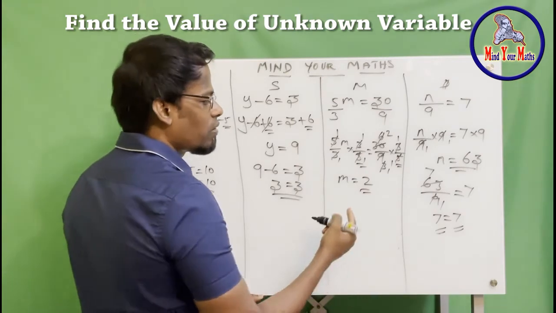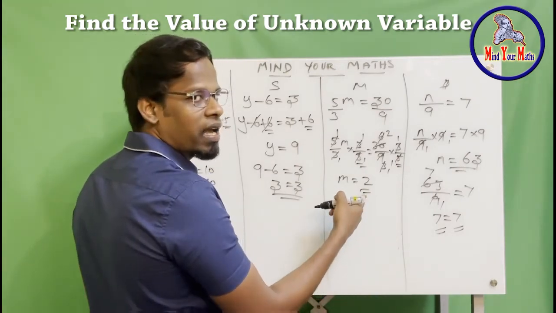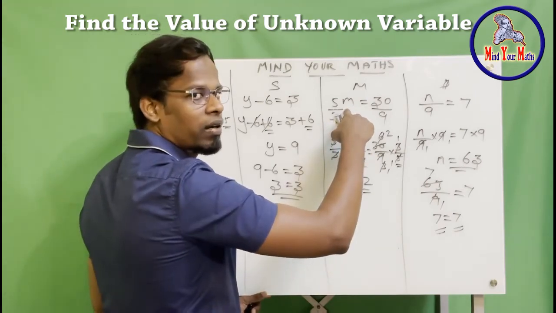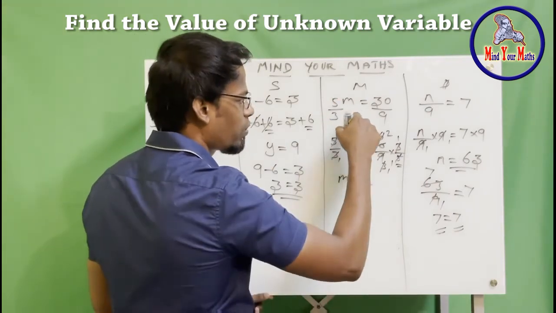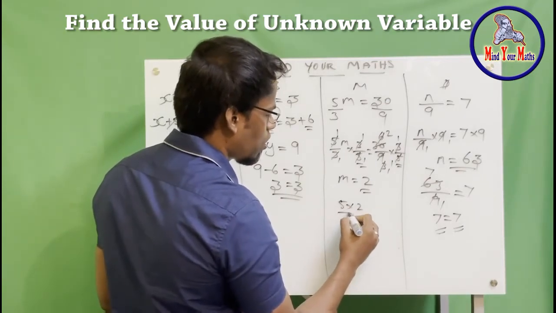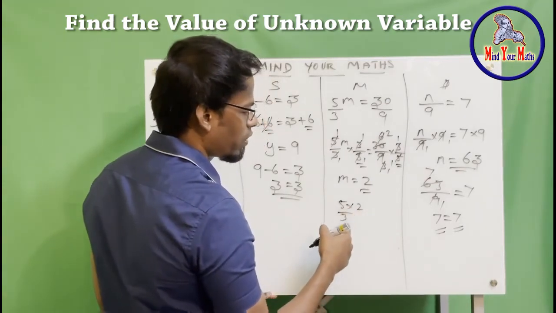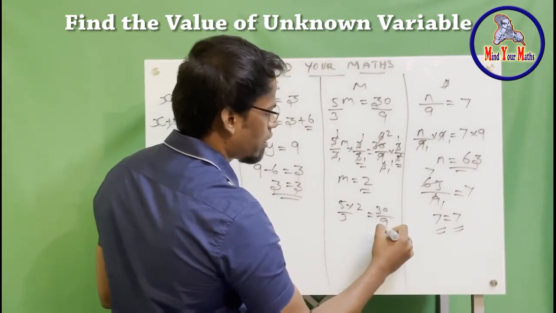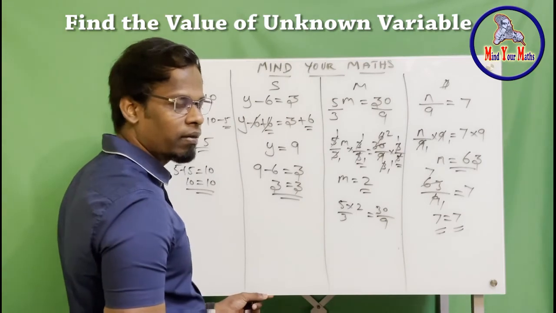Right? Now, how do we know if it is the correct answer? Yes, we substitute in our equation. So 5 over 3 times 2 equals 30 over 9, right?